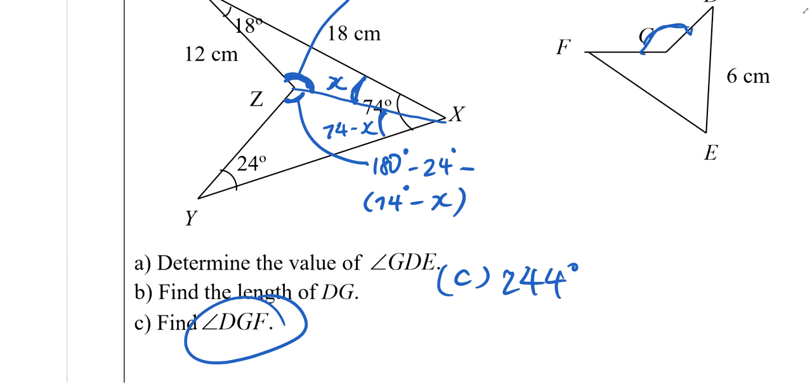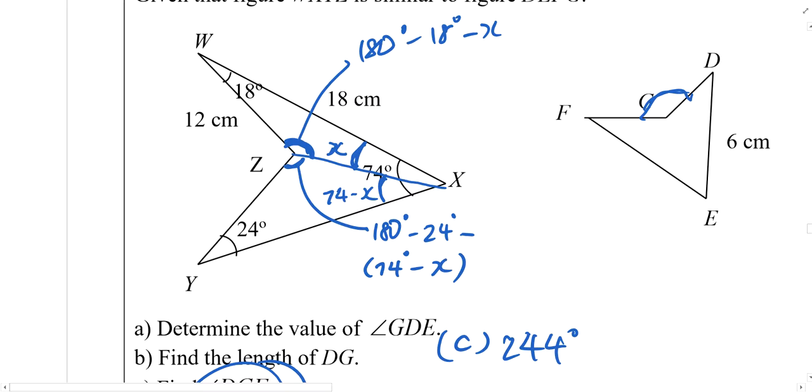Wait, they are asking for which angle? DGF. Hang on. DGF. They are looking for acute, obtuse or reflex?